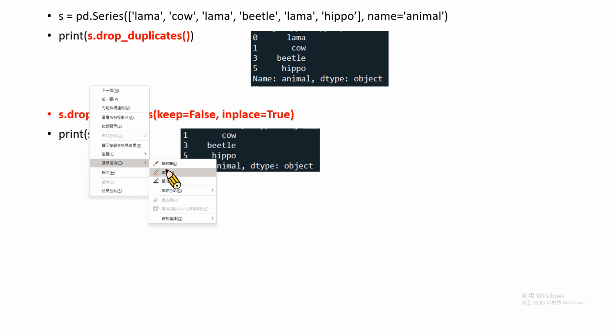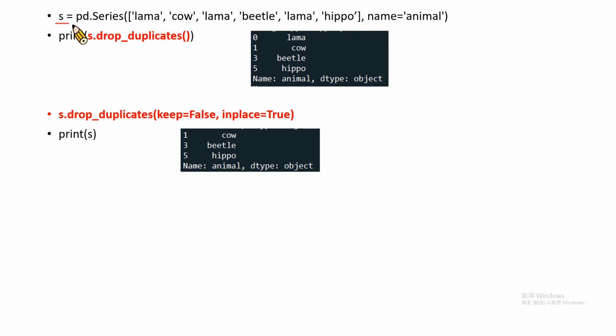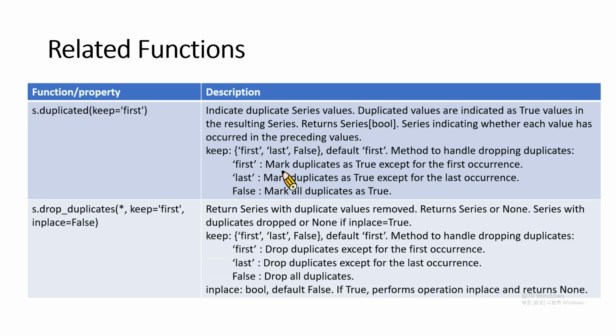And here we have a new series called S, and then we have llama, cow, and more animals. Here we call drop_duplicates, but without setting any parameters. So keep is still the default, first. Inplace is false by default.